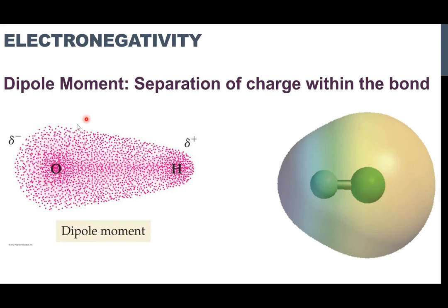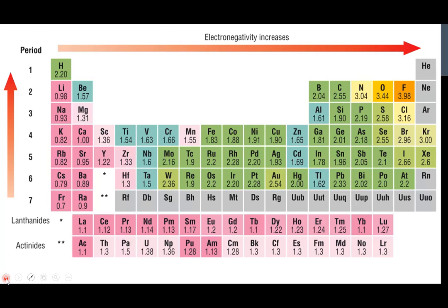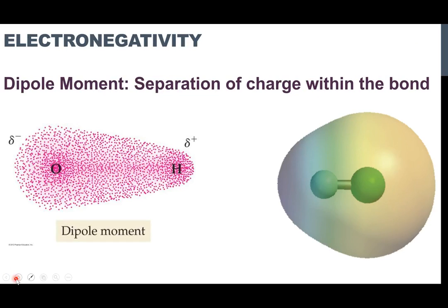Okay. So to decide who's big brother, who's little brother, and are they sharing equally, what we're going to look at is their electronegativities. We're going to take the electronegativities between 2 atoms. We're going to subtract those electronegativities and see just how large their electronegativity differences are. Okay? So let's look at a chart that's going to help us.